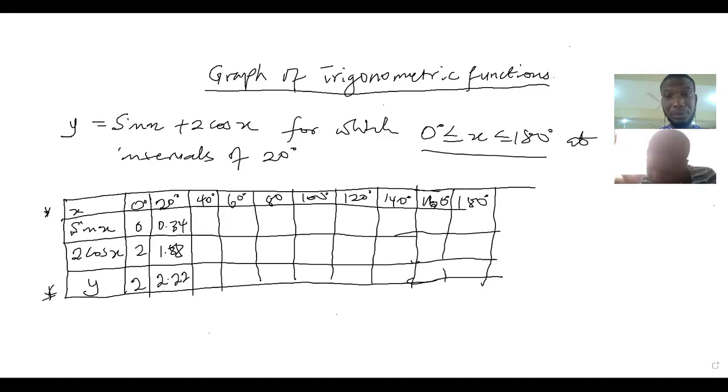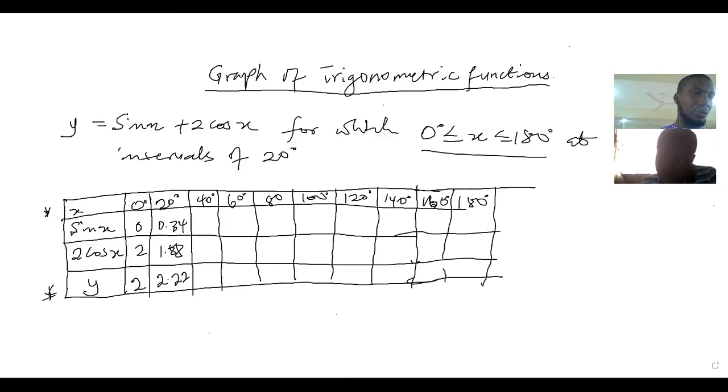Sine 80 is 0.984, so 0.98. And then 2 cos 80 is 0.347, so 0.35. So you had 1.33. That's fine. Just enter 1.33. Go ahead.